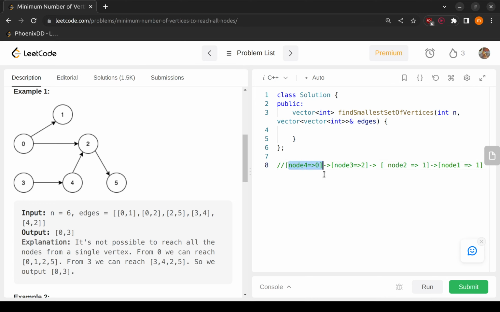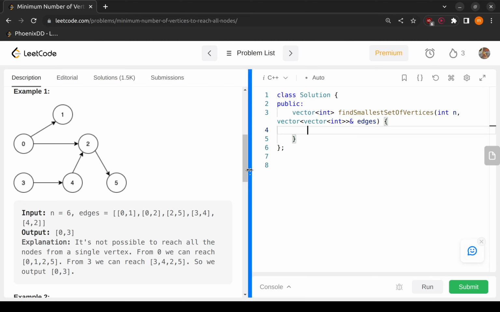So if we pick a node with in degree of 0, then we are sure that these nodes can be visited. So there is no need to pick up nodes which have in degree of 1 or 2. Similarly, we can prove it.